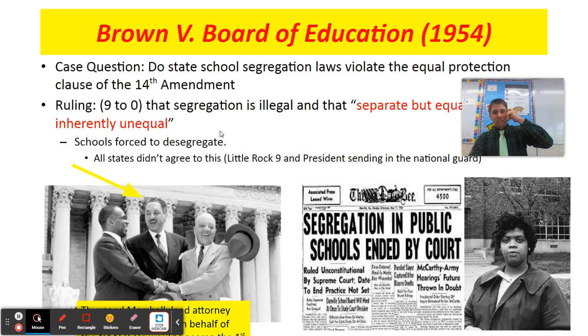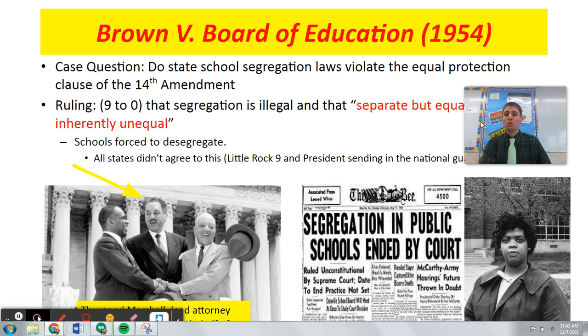Brown versus Board of Education says that separate but equal is inherently unequal, thus overruling the past decision in Plessy v. Ferguson. They say that, in fact, separate but equal facilities are inherently unequal, and because they're unequal, it is in violation of the 14th Amendment's equal protection laws. So the case question: do state school segregation laws violate the equal protection clause?